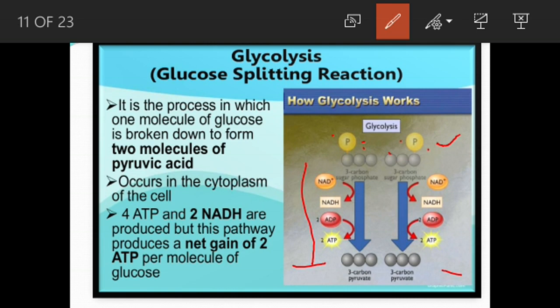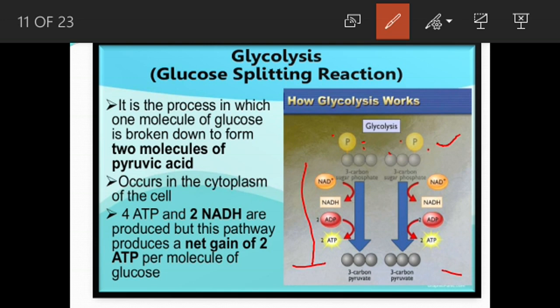Now, along with this end product, other molecules are also produced. So with these 2 molecules of pyruvic acid, which is the end product of the glycolysis process, glycolysis also produces 2 molecules of ATP and 2 molecules of NADH.